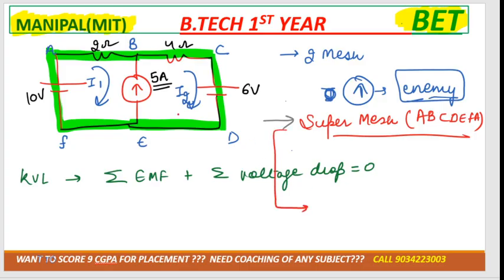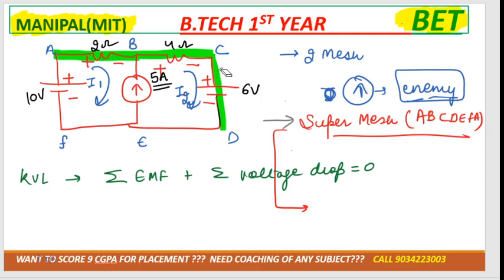Now according to KVL, what would be the equation? Again we have marked the current direction, and we mark the sign convention. According to the current direction, the positive and negative sign is the same as what we studied earlier. Okay, now after that what we need to do? Again apply KVL. You are moving from A to B, B to C. Whatever the second sign is there, you have to move according to it.